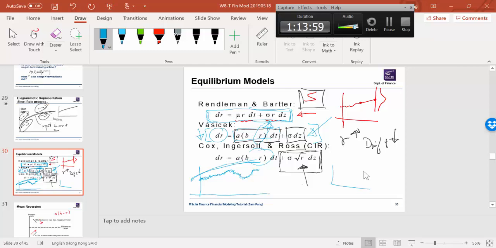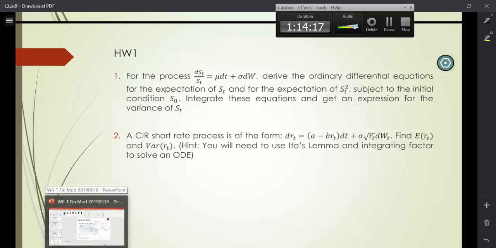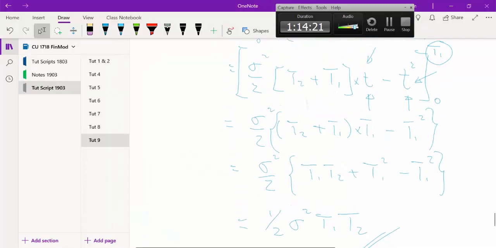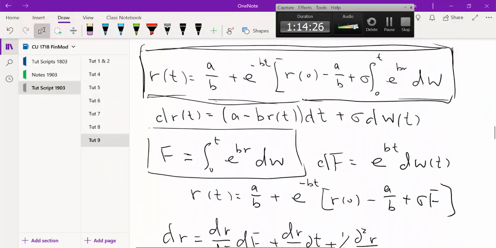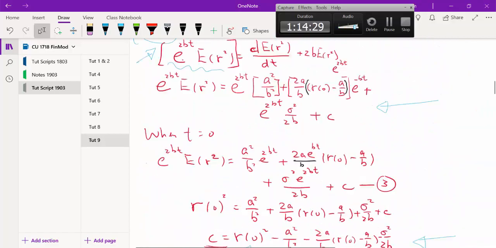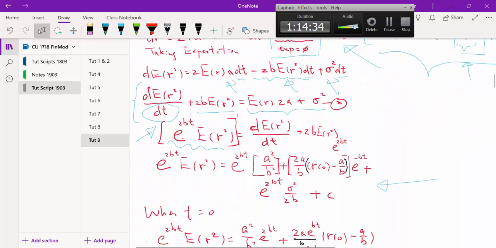And in fact, these are related to lecture number 3, where at one point you are asked to derive the expectation and the sigma square for the Cox-Ingersoll-Ross short rate process. I think Keith already went through that, so I thought I'd do something different. I've done the same thing, except that I'm doing it with the Vasicek. And as I said, you will find that in the notes in tutorial 9. It's actually up here, and I hope you can read my writing, but it will all be here. It will be available to all of you. So that's the first thing we did.